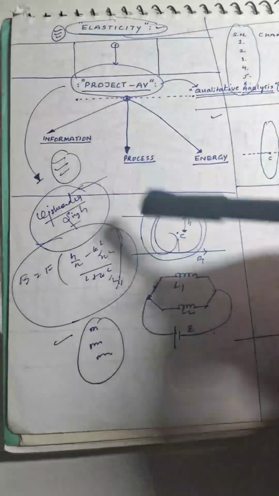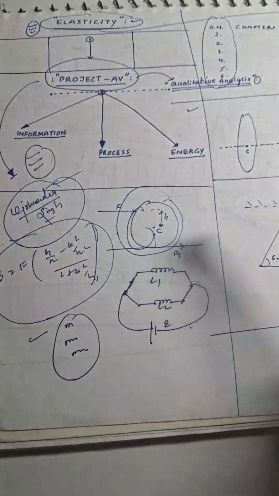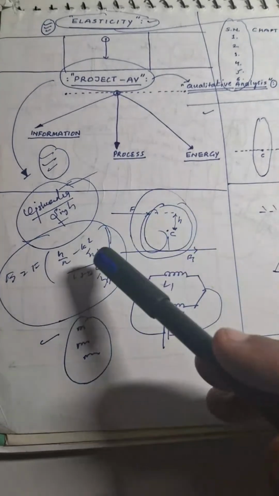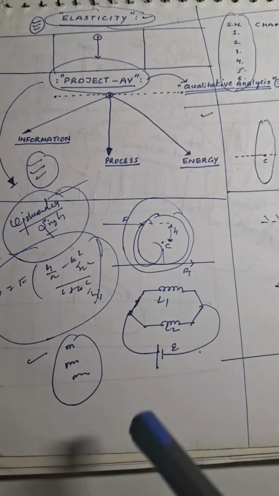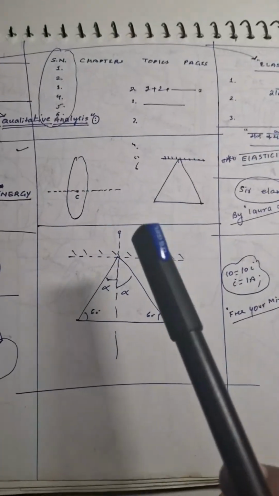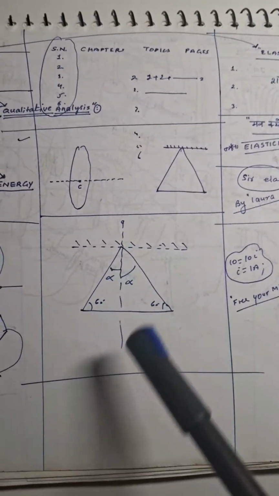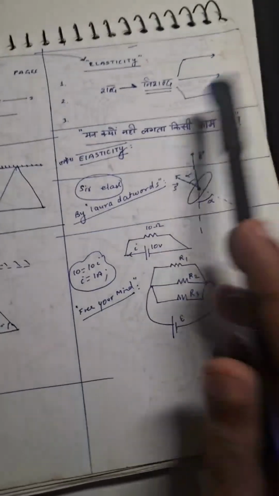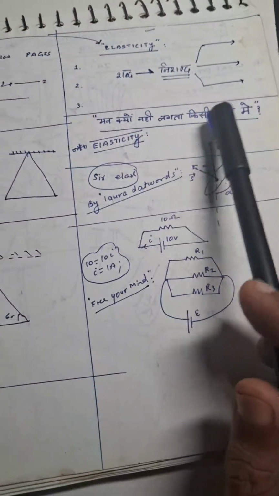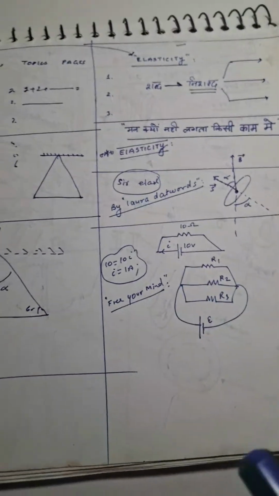Then it's the concept of elasticity, Project AV, information process energy combination, problem based on pure rolling on horizontal surface, concept of self-inductance. Then analysis of the chapters, some problems based on triangle. Then we have elasticity, and an important discussion for students that why the mind does not engage in any work. So it's all about your frequencies.